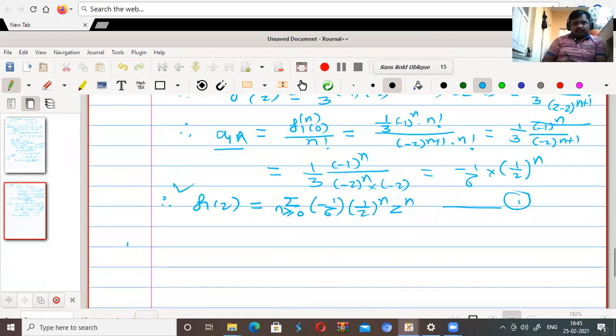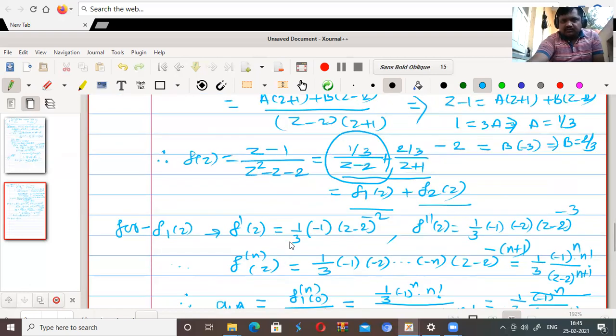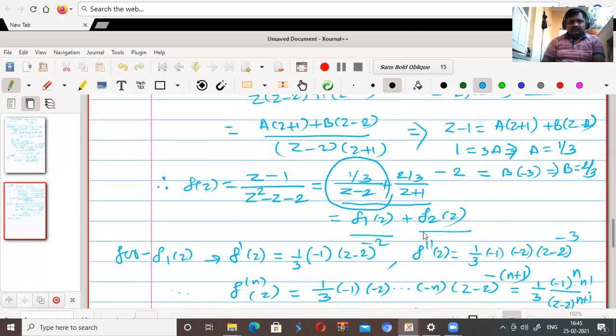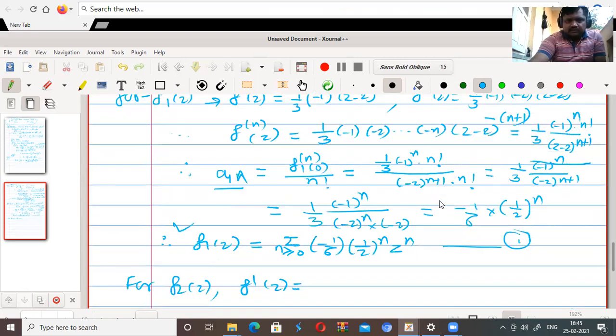Now, for f2 of z. What is f2 of z? f2 of z is 2 by 3 upon z plus 1.